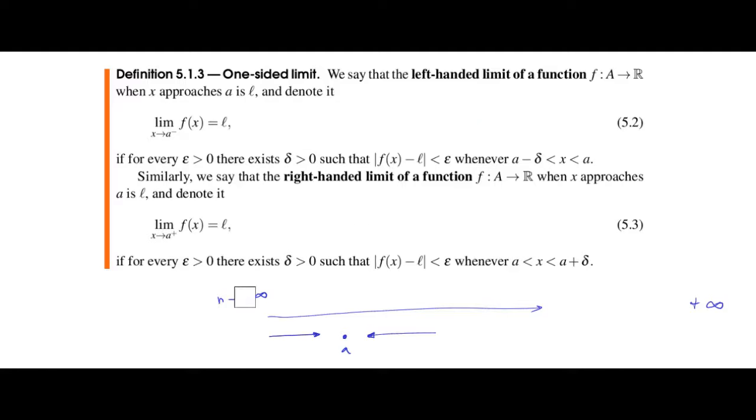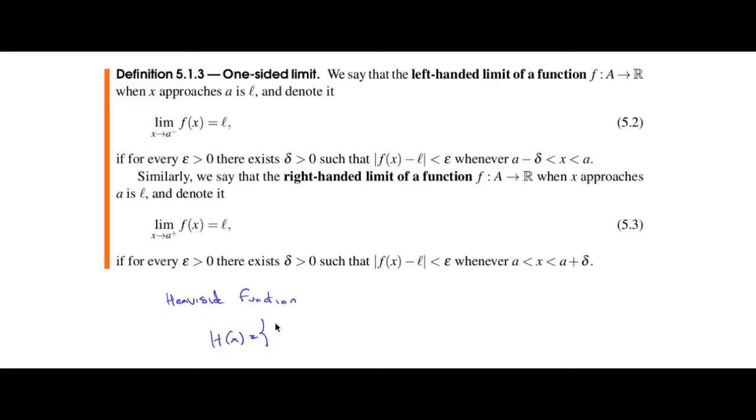So you could think about, for instance, the Heaviside function, which is defined like this: h of x is 0 when x is smaller than 0, and it's 1 when x is greater than 0, okay? Now the limit when x goes to 0 from the left of h of x is clearly 0, right?